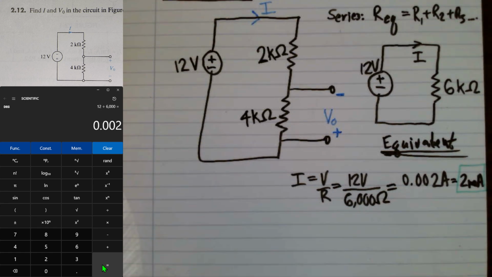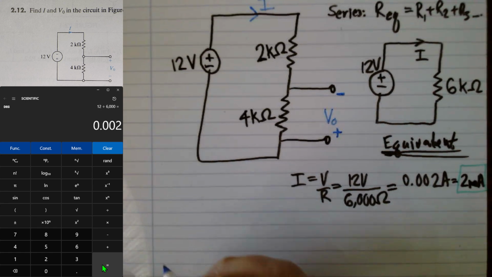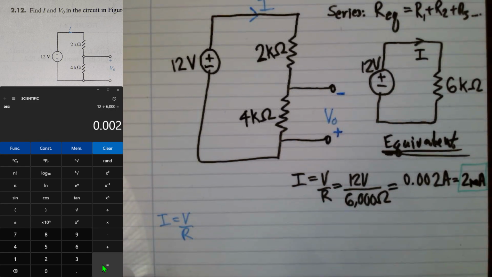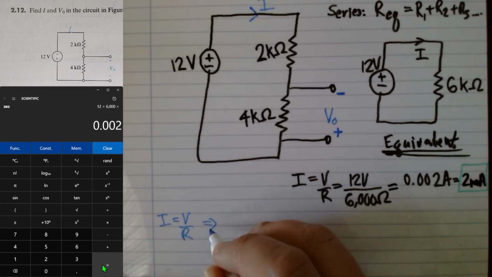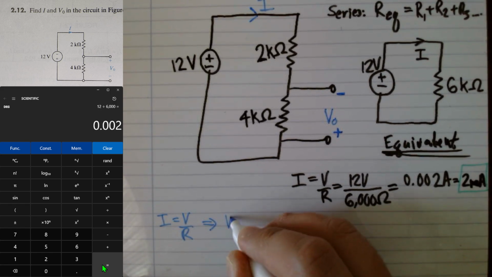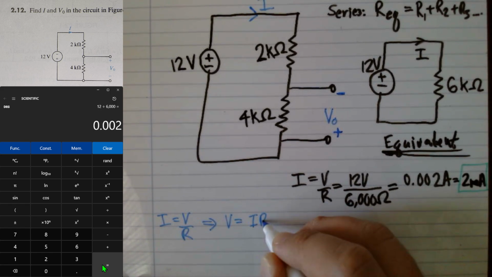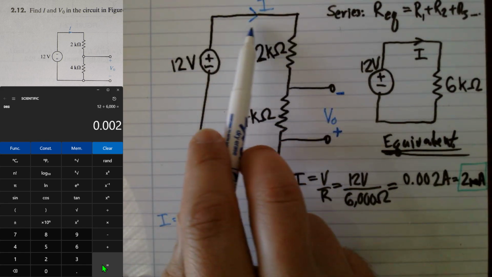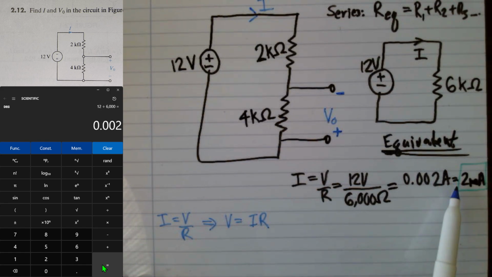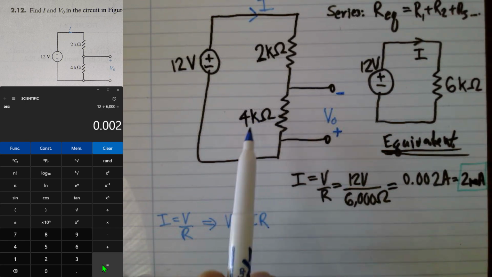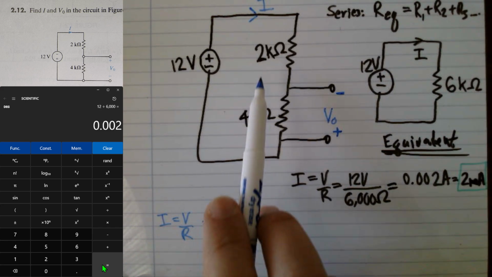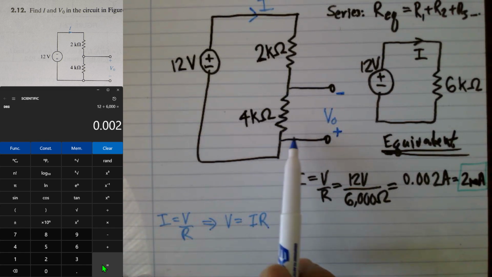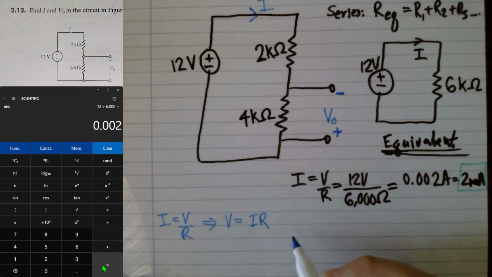In order to do that, we're going to start with Ohm's law again, which is I equals V over R. Okay, we're then going to solve it by multiplying both sides by R, and we get V equals I times R. We then simply substitute in the I value for the whole circuit here of 2 milliamps and multiply it by just this individual resistor here of 4 kiloohms, not the 2, just the 4. That's the voltage drop we measure across this single 4 kiloohm resistor.